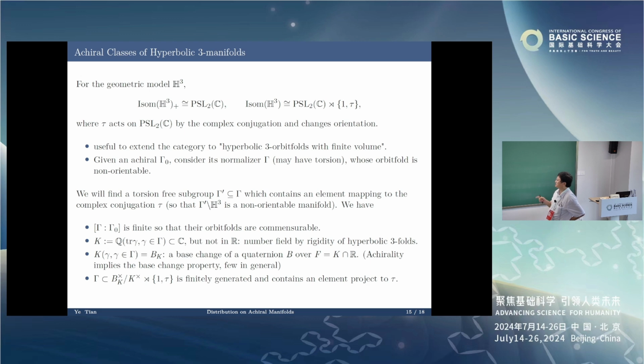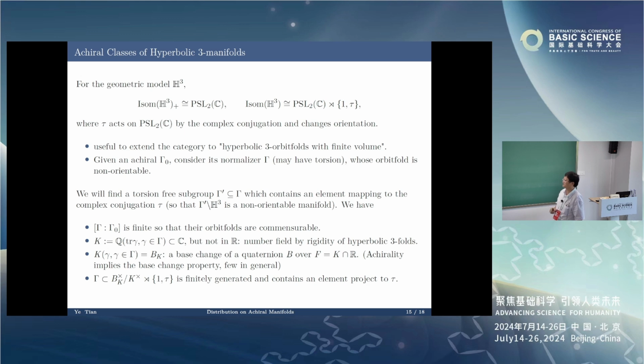And the natural candidate is the one corresponding to the normalizer of gamma 0. But the trouble is this normalizer may have torsion, so that the quotient becomes an orbifold, not a manifold. So our main goal is to find a torsion-free subgroup in this gamma, which contains an element mapping to the complex conjugation tau.